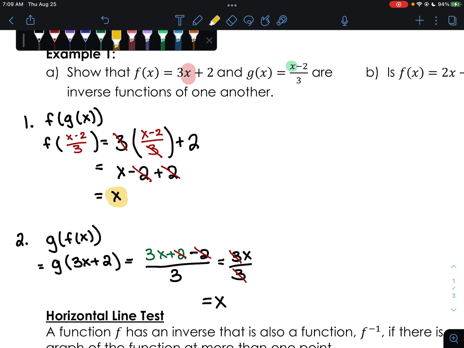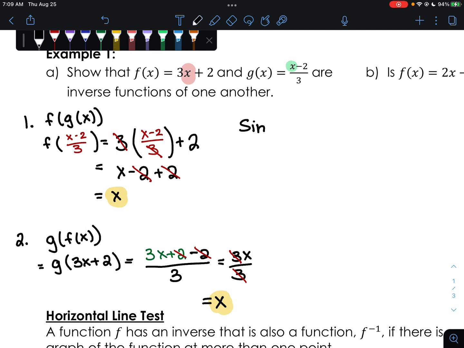So since I did the composition of f of g of x in 1, and the composition of g of f of x in number 2, and I got x as both of the answers, that means that f and g are inverses. So we're going to write that down.